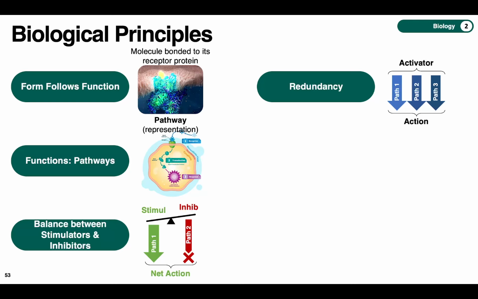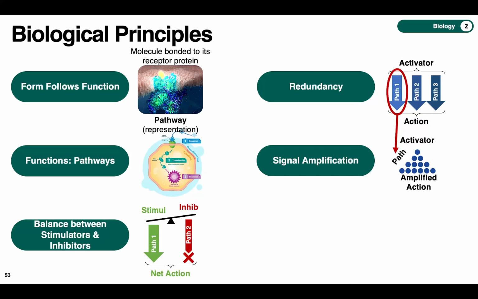The other principle is signal amplification. Many pathways will have a long chain of activation, sometimes 9 proteins or even more. Protein A activates protein B, which activates protein C, etc. And I always ask myself, why is it not that you have something that activates a protein that activates an action, and we're done?